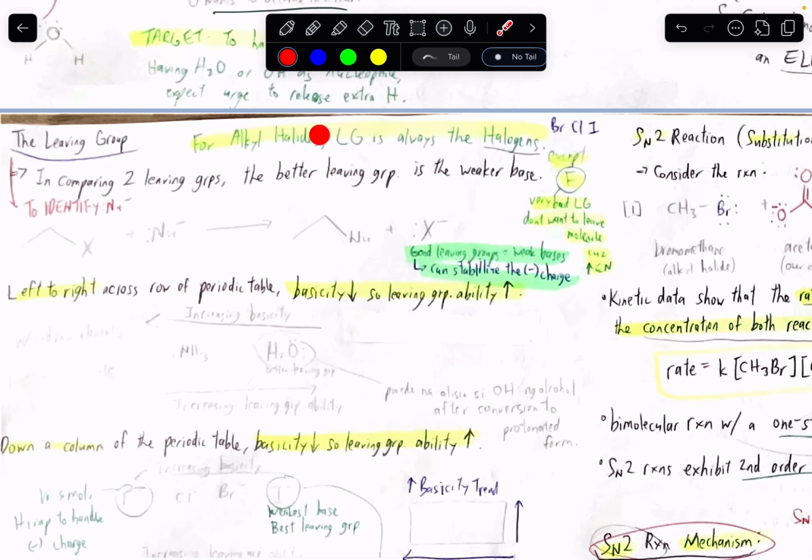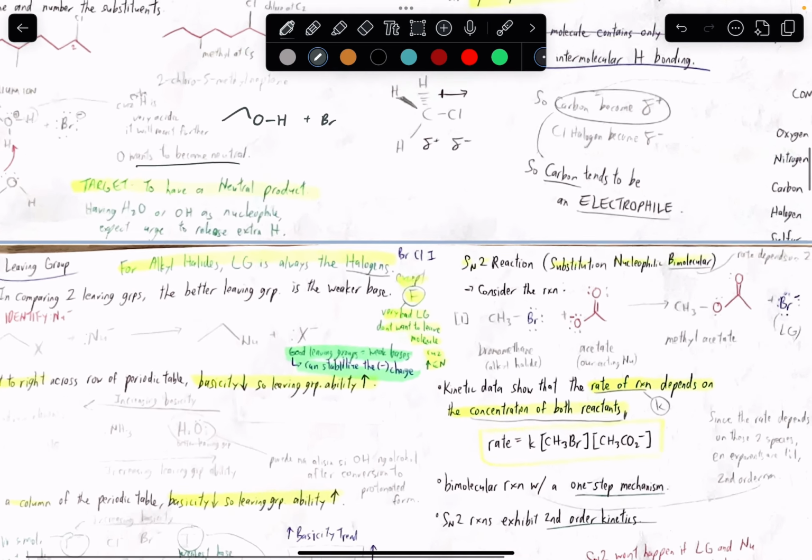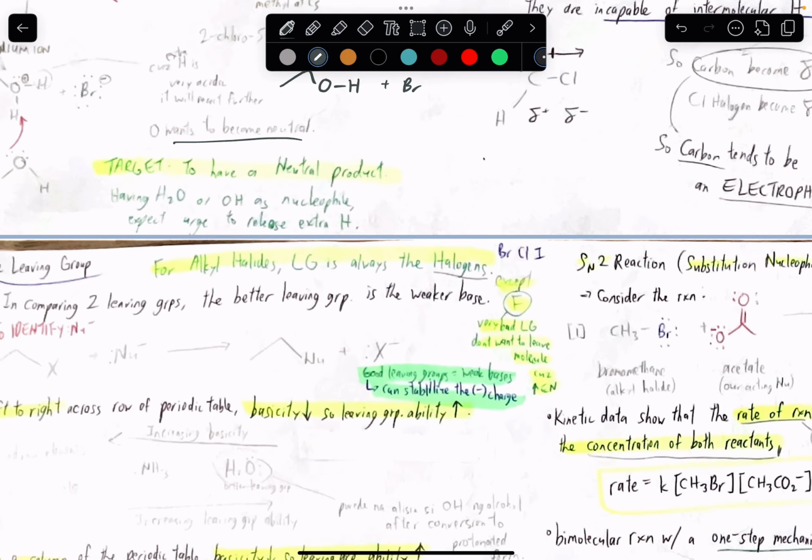For alkyl halides, the leaving group is always the halogen. Okay? But except for fluorine. What's the reason? If you recall, in the periodic table, the trend is when it comes to electronegativity, it is going up and going to the right. And the most electronegative element is fluorine. It had to be fluorine.